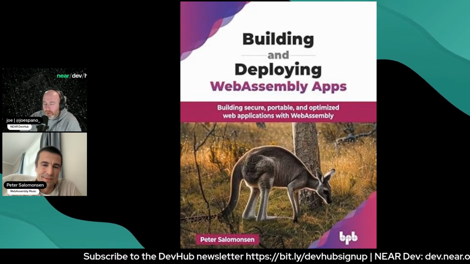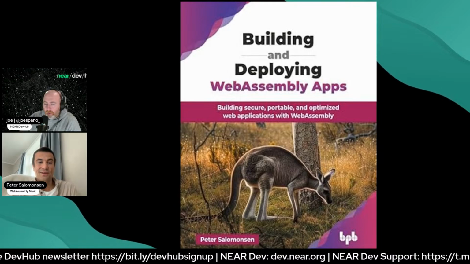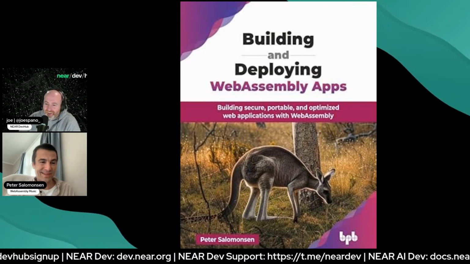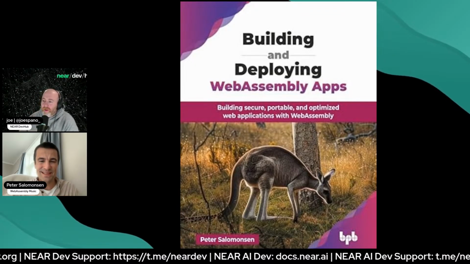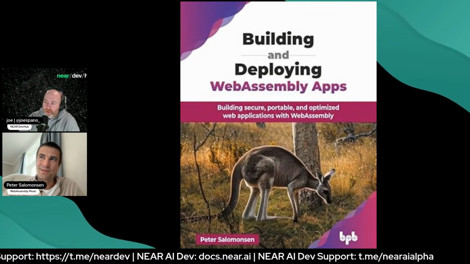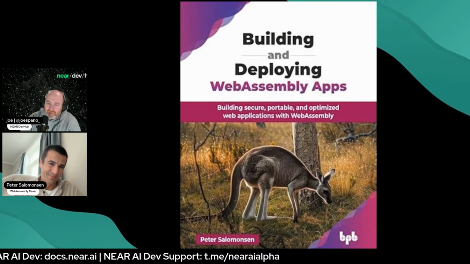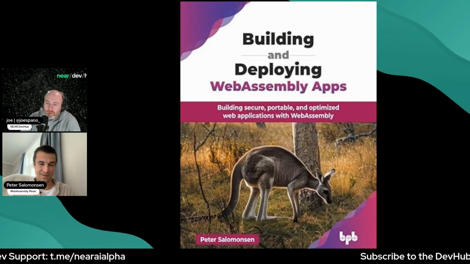WebAssembly can even run these old plugin technologies. You can turn your Java applets into WebAssembly modules. Oh, wow. You can turn your Silverlight, Flash, so it all runs on WebAssembly. So the only alternative is to not use WebAssembly. But then you don't have the same performance possibilities.